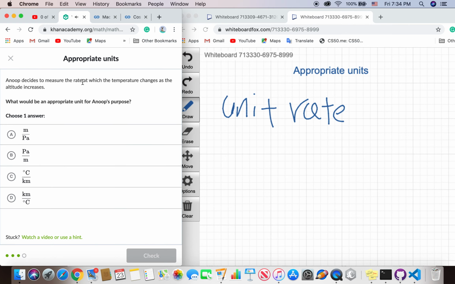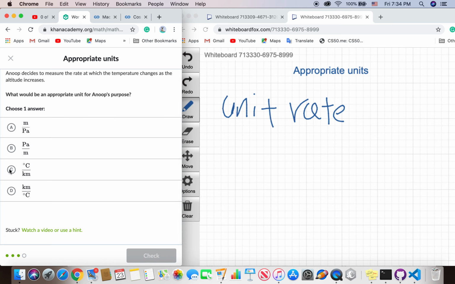Great. Now finally, this last question: Knoop decided to measure the rate at which the temperature changes as the altitude increases. So what would be the appropriate unit? First of all, I don't even know what this P stands for, so I don't think that is correct. Then I find Celsius, which is a temperature unit, and kilometer, which is height or length.